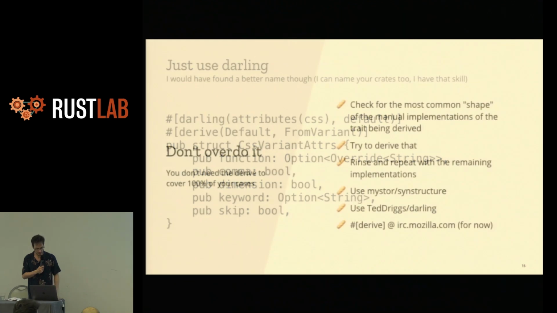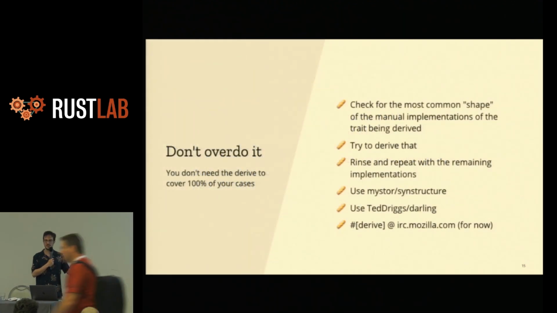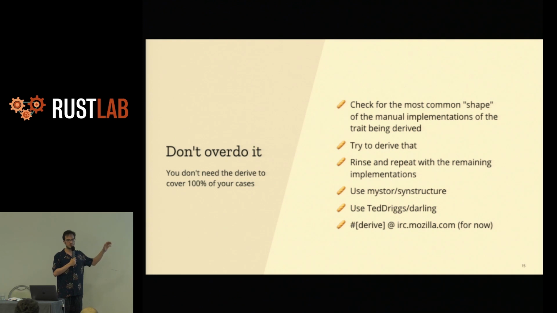I'm going so fast. So this is it for the first part. I didn't want to delve too much into details. I just wanted to shout out the two crates that I used. So if you want to add some Derive stuff to your own project, I would suggest not trying to do everything at once, because that's something I do very often, and then I don't manage to do everything at once, so I get frustrated. So don't do that. And use scene structure.